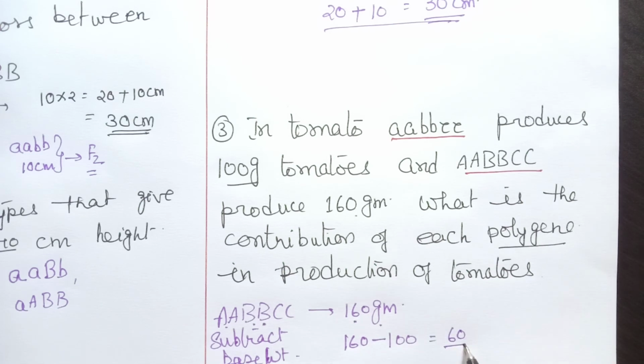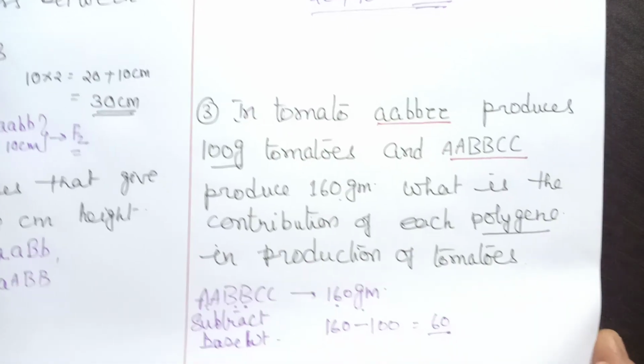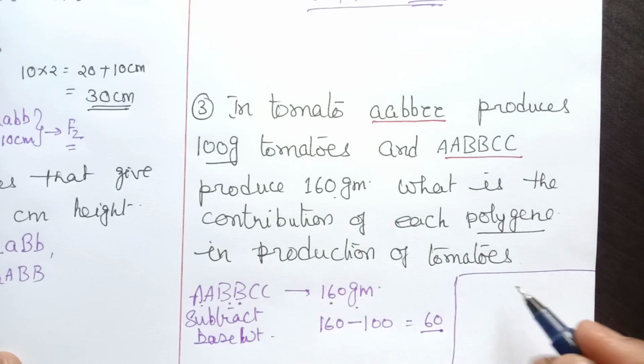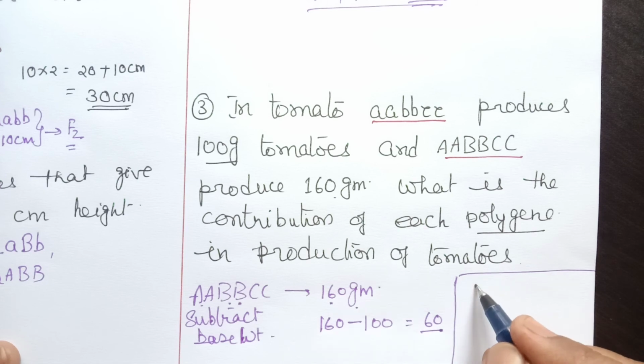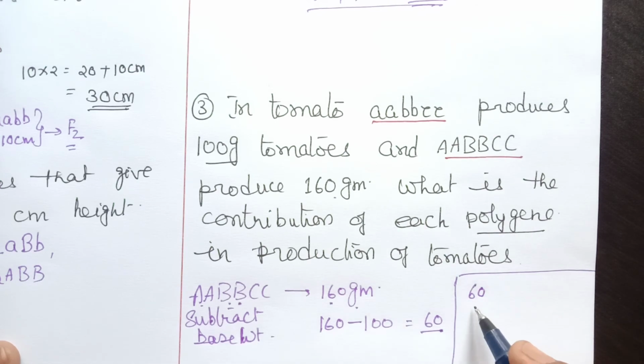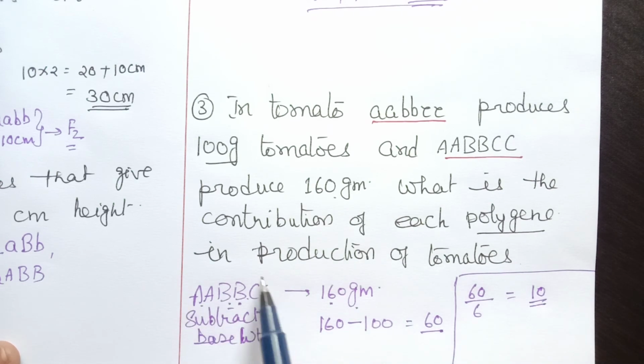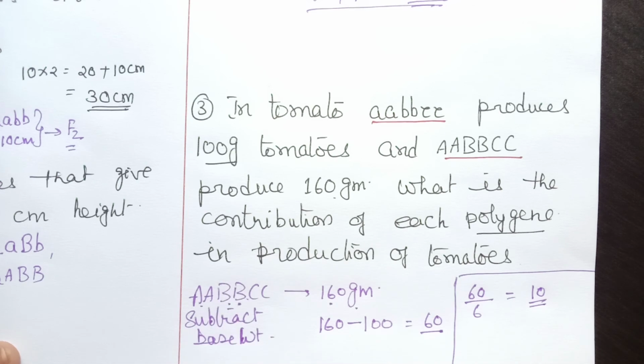So 60 is the contribution for all 6 alleles together. There are 6 alleles present, all 6 alleles contribute 60. So for an individual allele we take 60 by 6, because the total number of alleles is 6. So we are going to get 10. So the contribution of each dominant allele will be 10.